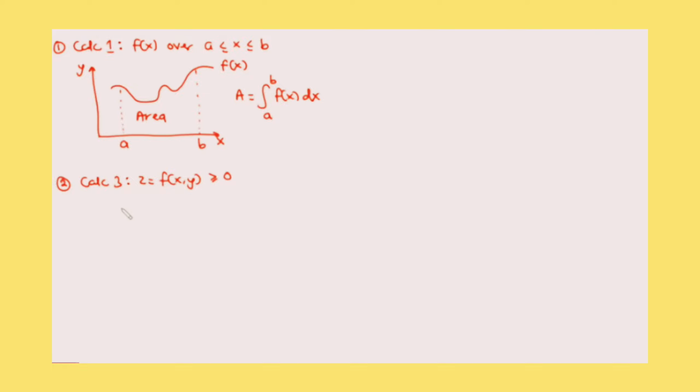So this time we are going to have the xyz space. This is the z-axis, the y-axis, and this is the x-axis, and then we have a, b on the x-axis, and c, d also on the y-axis. Now let's try to locate this rectangular region.